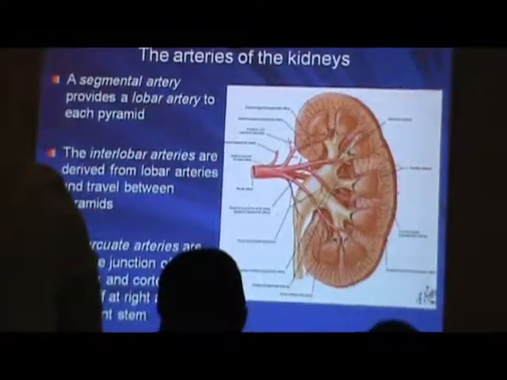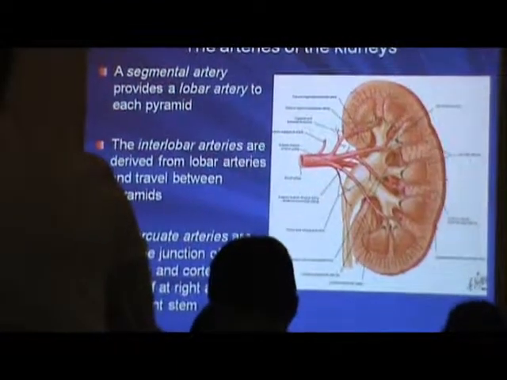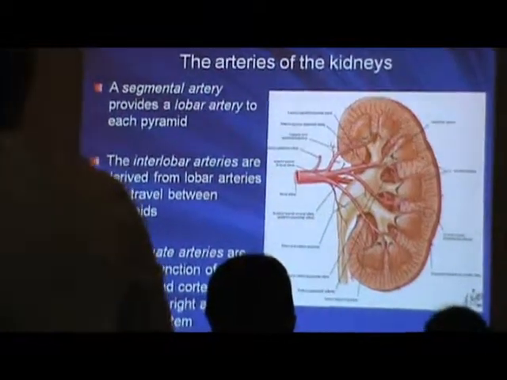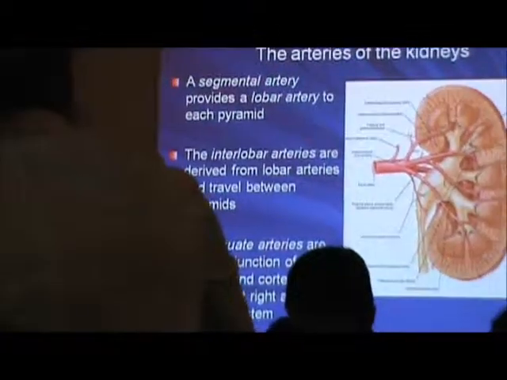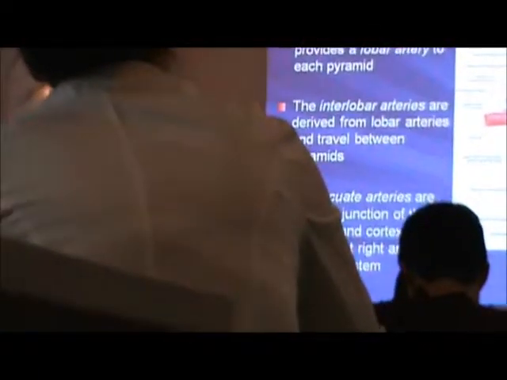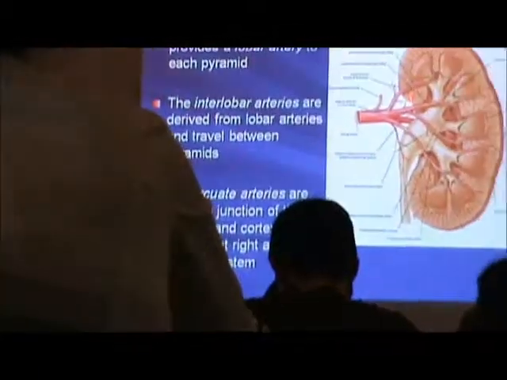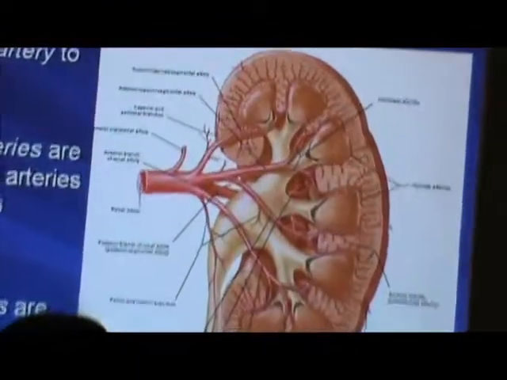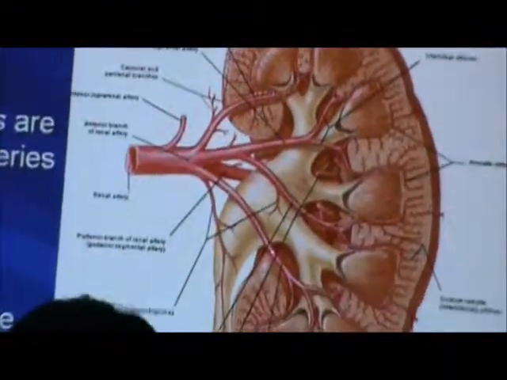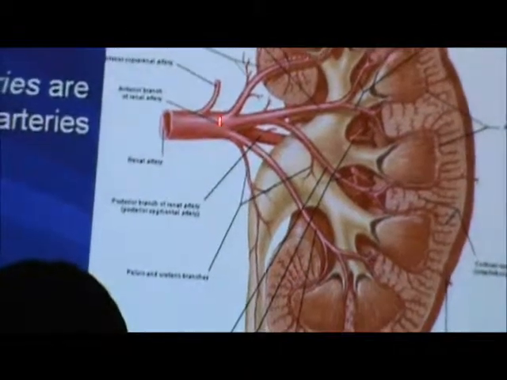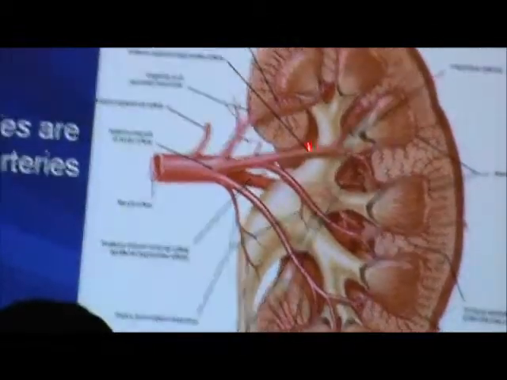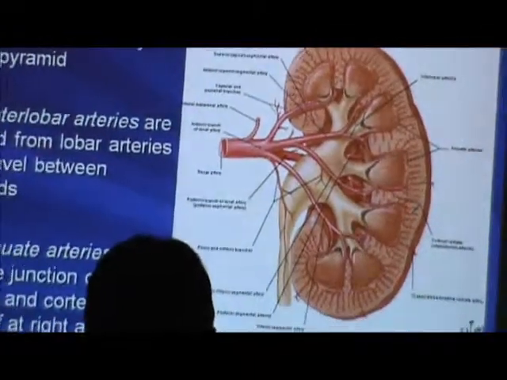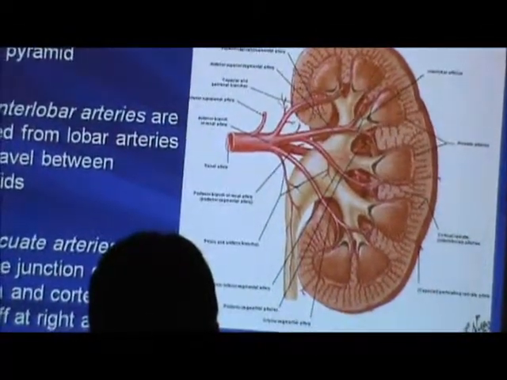Now let's look at this picture, and I need to correct it, because there is something wrong. I will explain soon. Firstly, let's look from the renal artery. There is a segmental artery. So, 5 segmental arteries, because we have 5 segments.